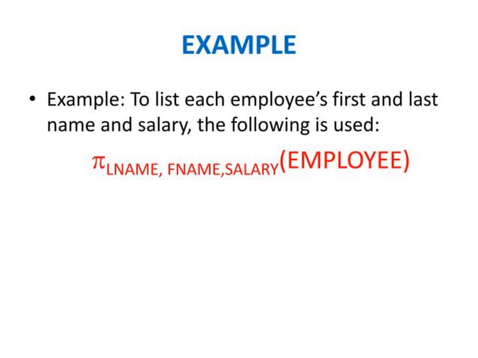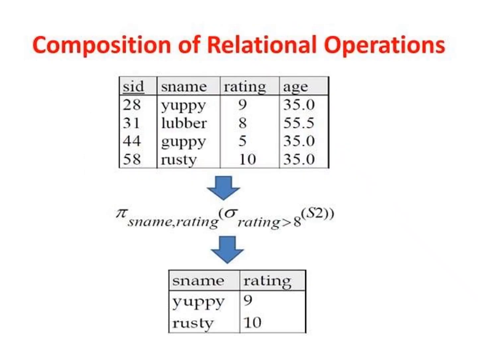To list each employee's first and last name and salary, you have to use projection. The pi symbol should be used: pi L name, F name, salary on the employee table.